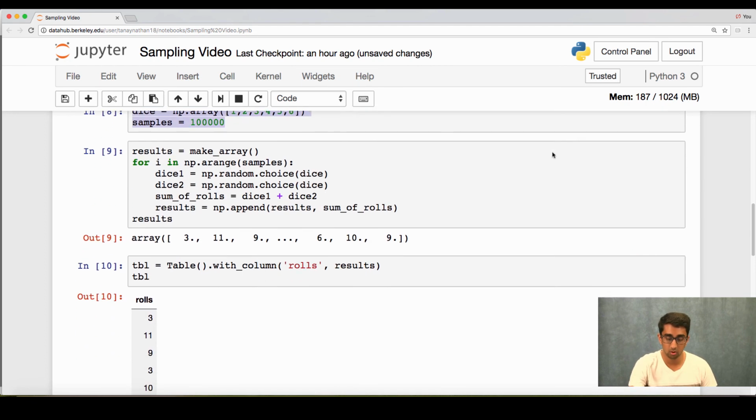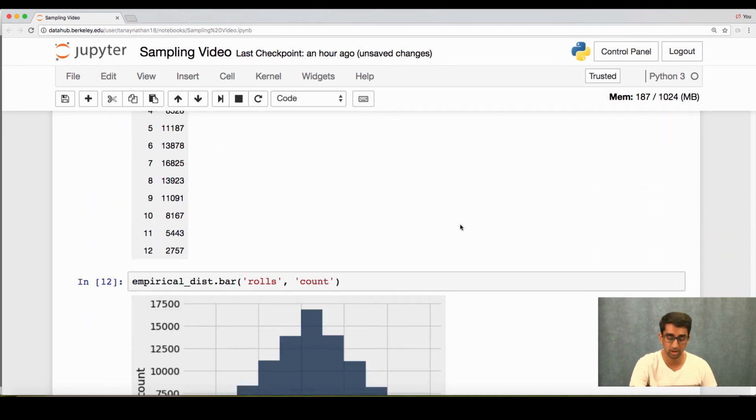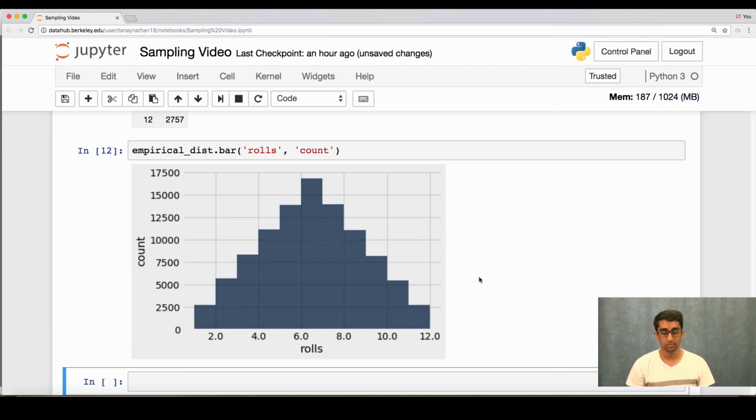This concludes what we're talking about with sampling: the more trials you have and the more samples you take, the more likely it will converge to the probability distribution. This is what we're trying to stress here: we have all this empirical data and we need to find the underlying distribution, and sampling is a way to help us. Thanks.